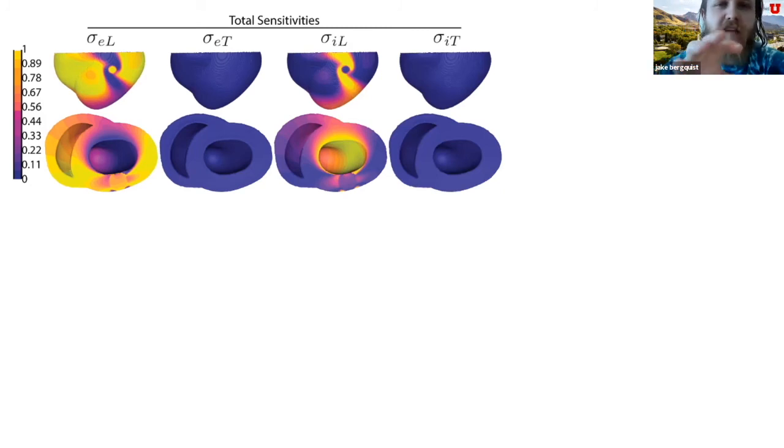So then using these sensitivities and standard deviation metrics that we get out from UncertainSCI, we can actually visualize what would be the standard deviation contribution of each of the different parameters of interest. And so in this case, I'll show the standard deviation contribution of the longitudinal intracellular and extracellular.